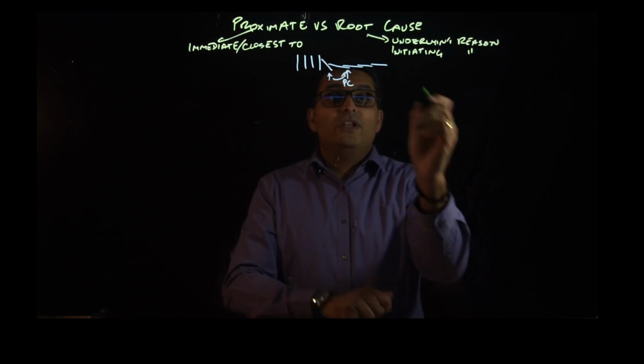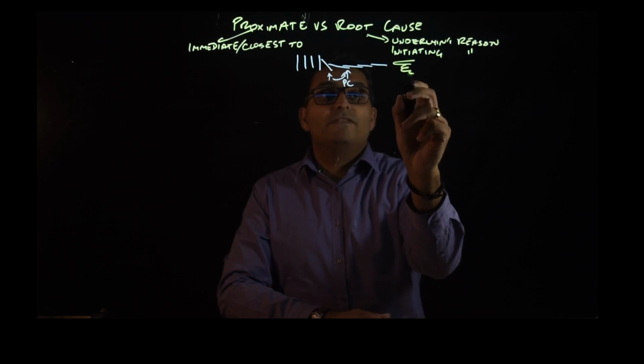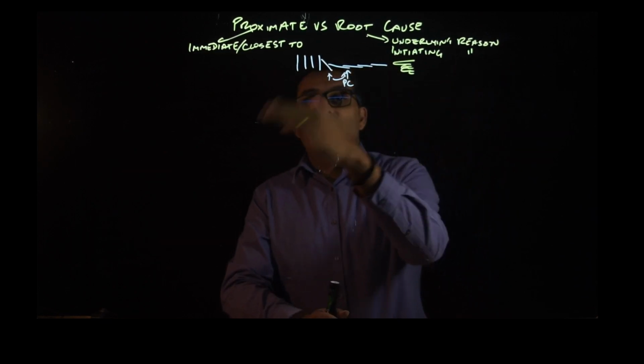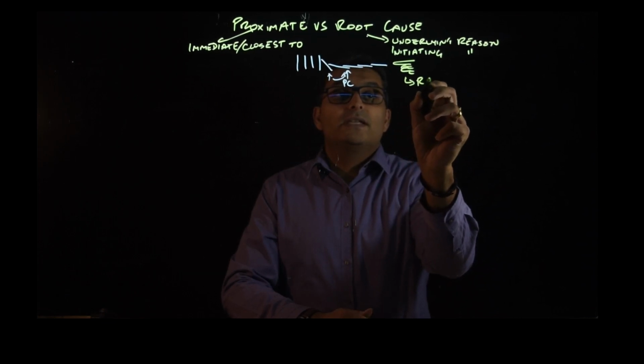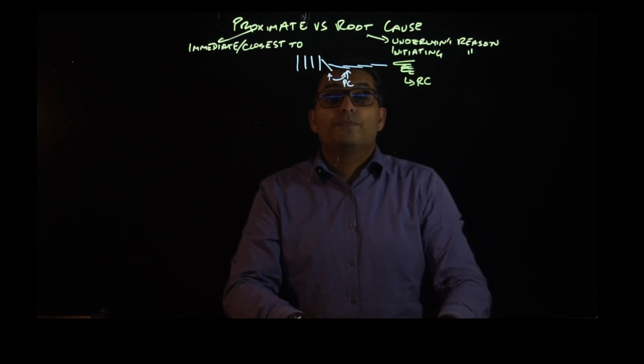So if we look at the original root cause, it's probably someone's finger that's pushed the first domino, and so the rest of them have fallen over, and so this is your root cause. The finger is your root cause.